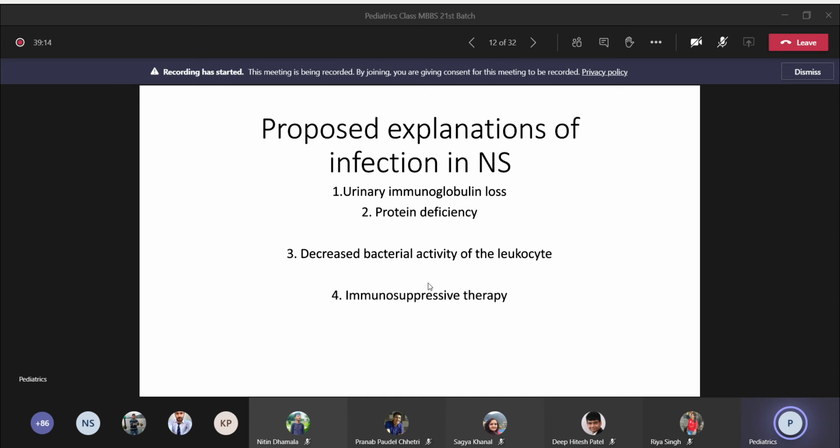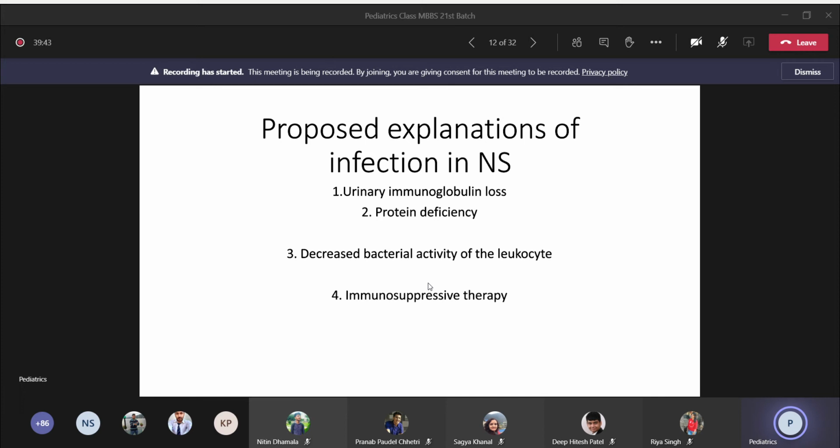Now come to the proposed explanation of the infections. Usually it has been seen that the patient with nephrotic syndrome will have complications like infections. Why are there infections? Because in case of nephrotic syndrome, there is edema, and this edema fluid acts as a culture media.